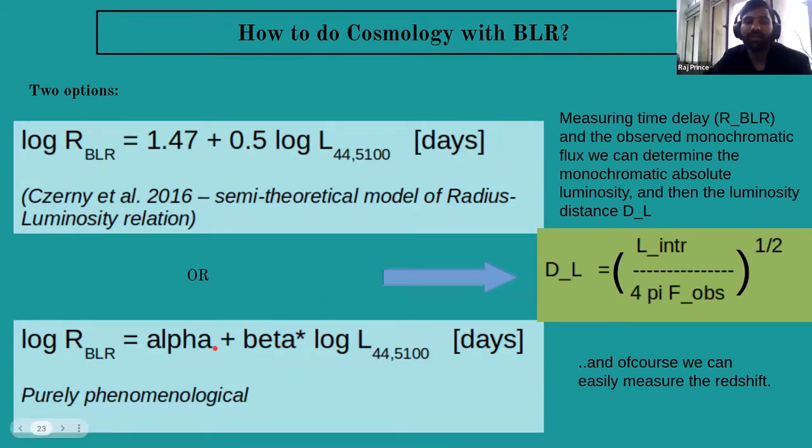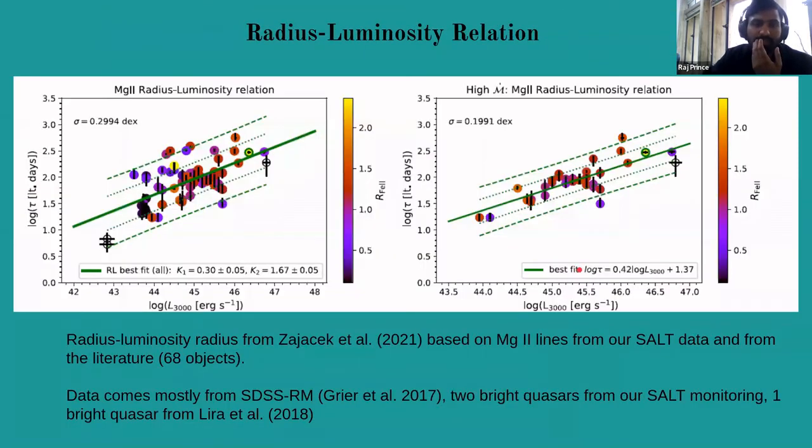Once you have alpha and beta, they will be fixed, and then for a particular source we can use R_BLR to measure the monochromatic luminosity, which can then be used here to estimate the luminosity distance.